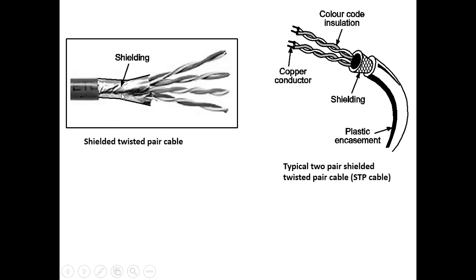What's the purpose of this shielding? Because of this shielding, the control on electromagnetic interference, EMI, is better compared to UTP cable.